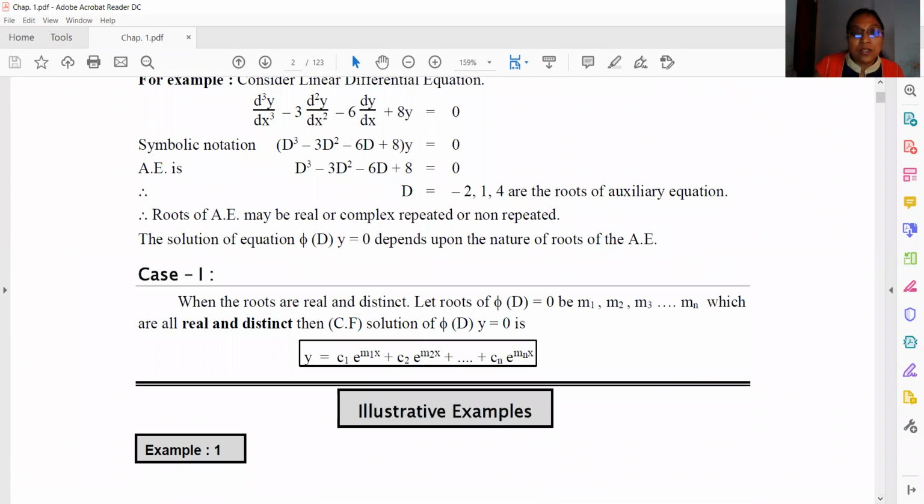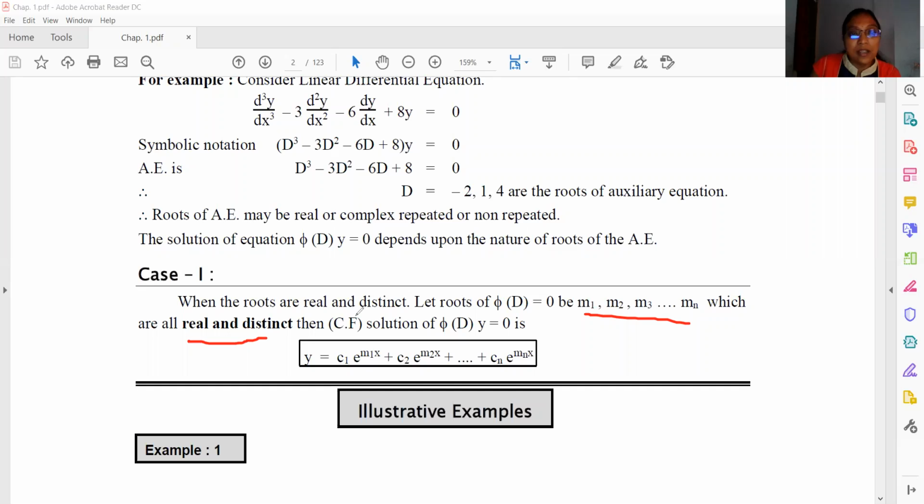Whenever we solve this auxiliary equation phi(D) equal to 0, suppose the roots are m1, m2, m3, and so on up to mn, and all these roots are real and distinct.